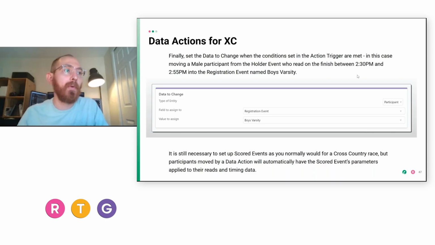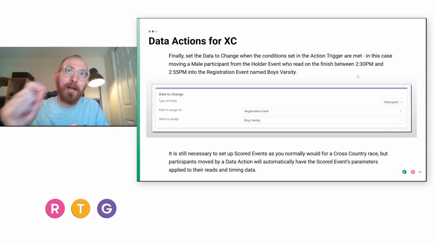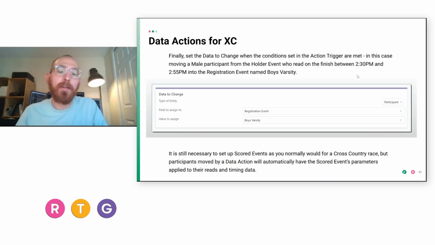Any of you who are familiar with Race Director, how that system would work, you'd probably be more accustomed to using data checks. Because with data checks, you'll see a list of the people who are going to get moved, and then you process them. Like in Race Director, where you would say, okay, I'm now going to process the times for the boys varsity, and then it shows you all the people that you got within the time filters that you set up in the chip import.